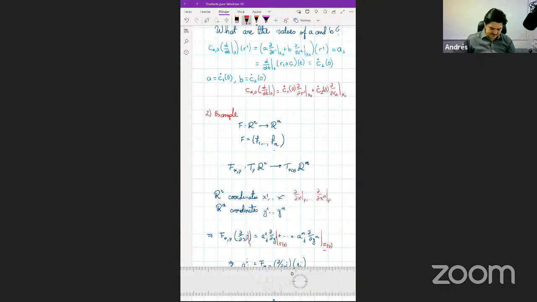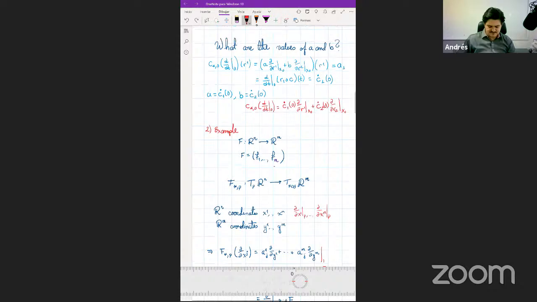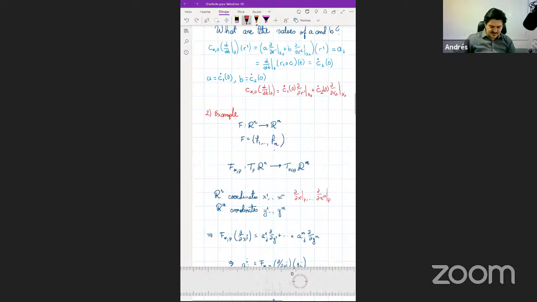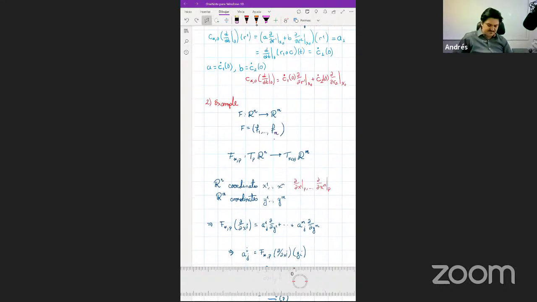Okay, so I used the same trick as before to determine the value of Aij.